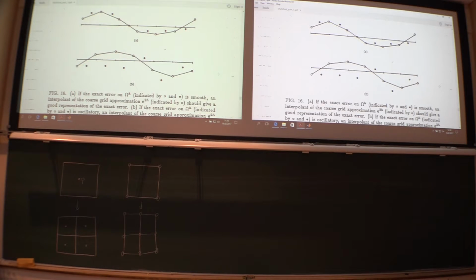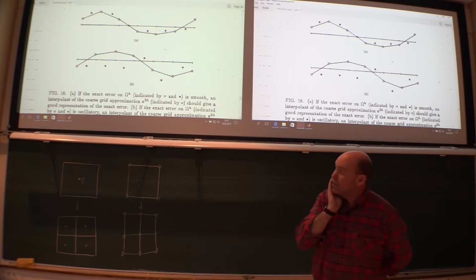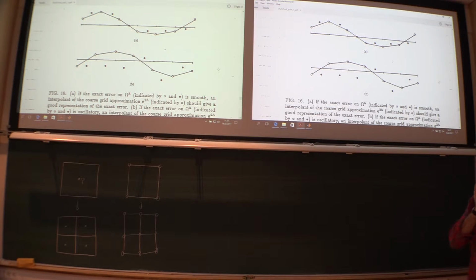So now the problem with going the other way, that is a little bit more tricky. So going from fine mesh to coarse. Okay, look at situation A up there. All the points, both the filled and the opened, they belong now to the fine mesh solution.